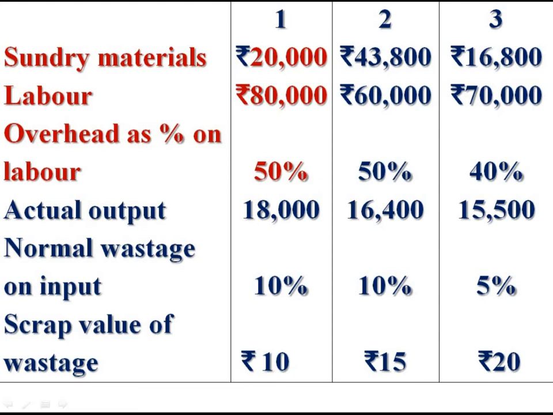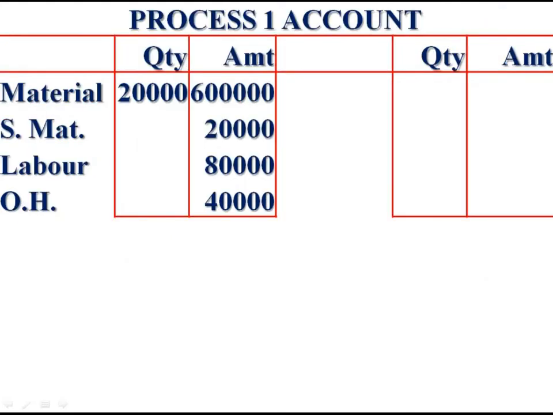Labor in process 1, rupees 80,000. Overhead as percentage on labor 50%. Therefore, amount of overhead in process 1 is equal to 80,000 into 50%, rupees 40,000. These are to be debited in the process 1 account. Sundry materials 20,000, labor 80,000, overhead 40,000.